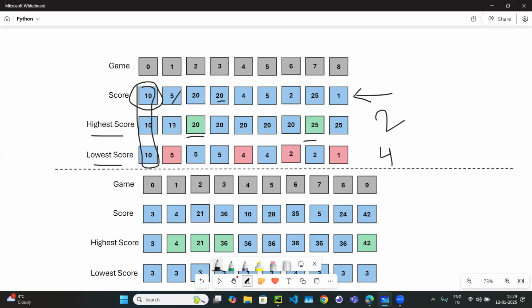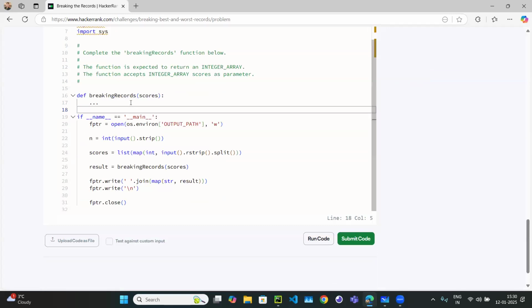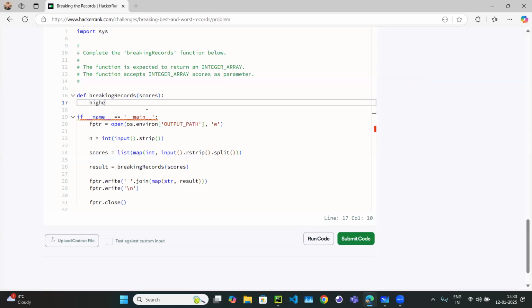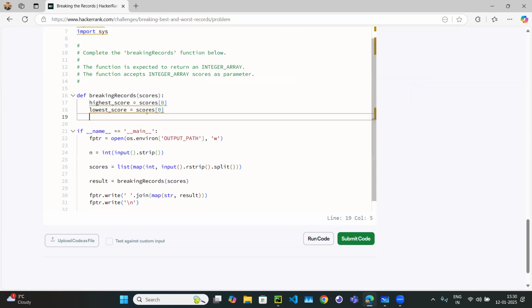So in the question here, highest score is equal to scores of 0, and lowest score is equal to scores of 0, right?